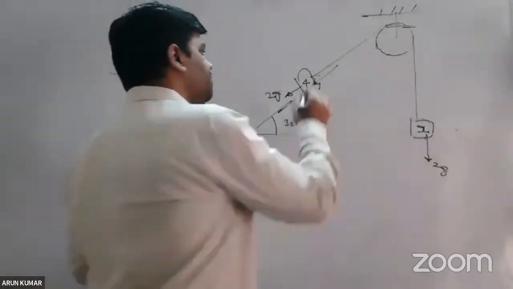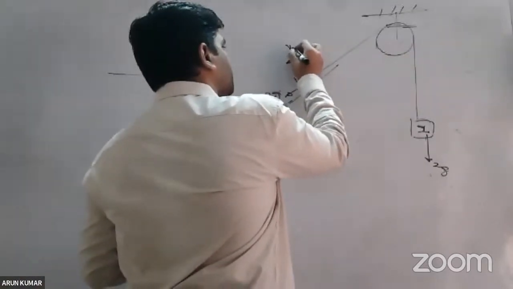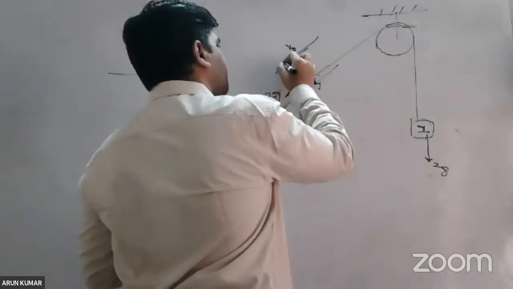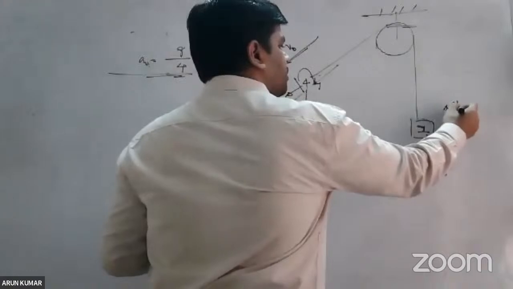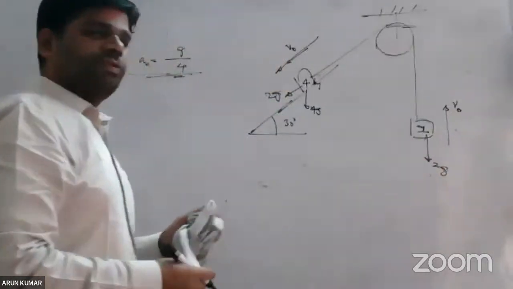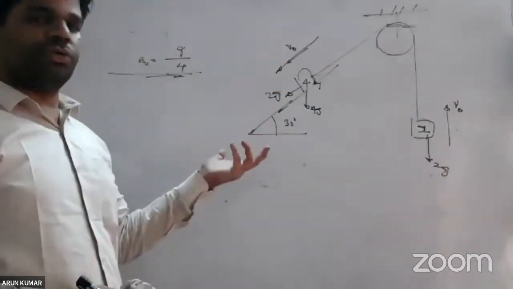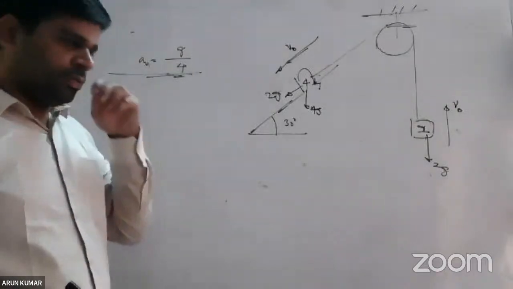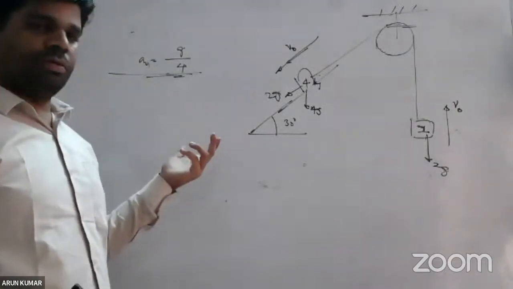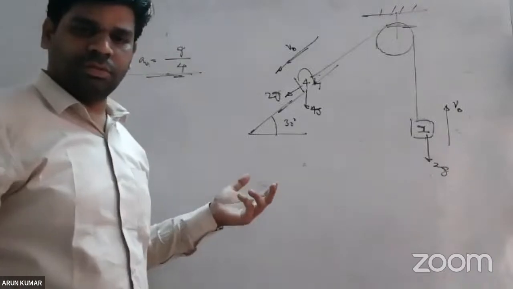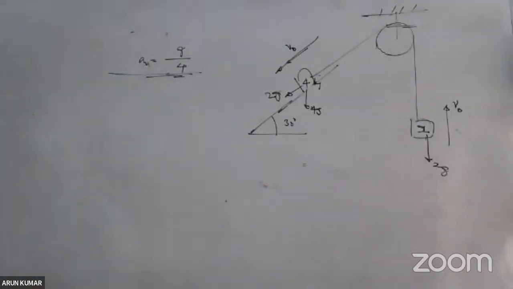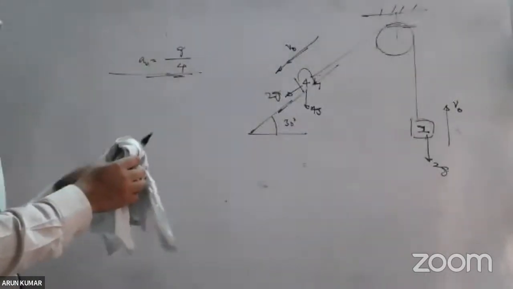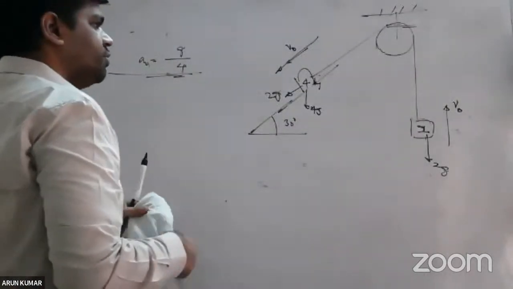Now if I give this block a velocity of v naught, it will go up with a constant velocity of v naught. Why is it going with constant velocity? Because the net force on the block is 0. Alright? Yes, sir. Okay.